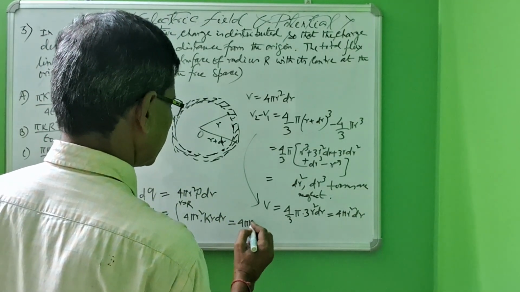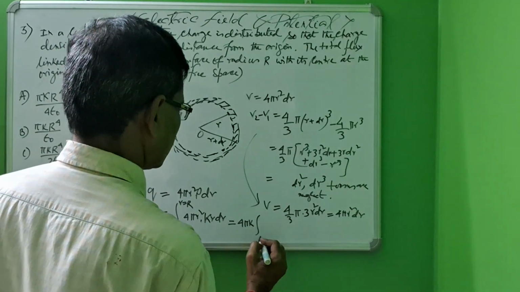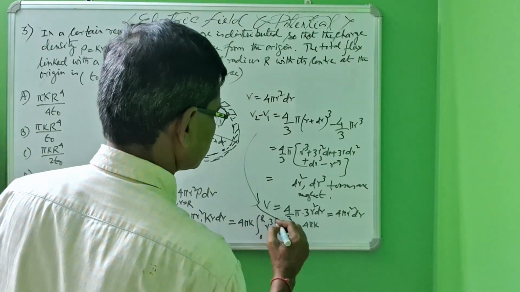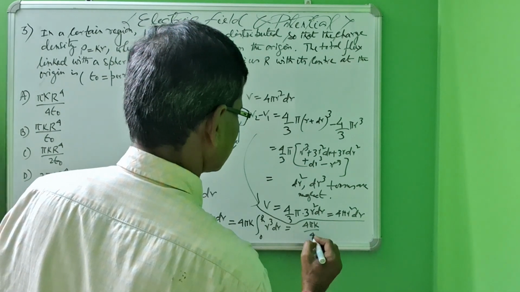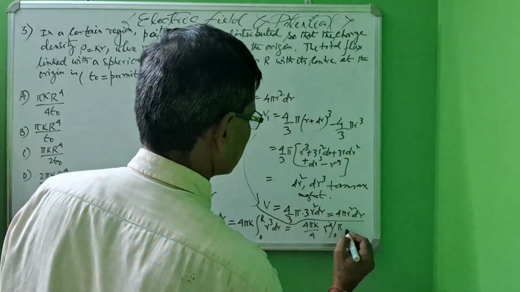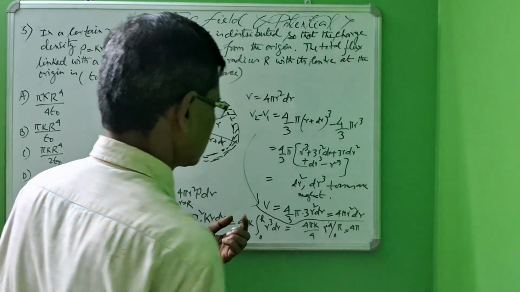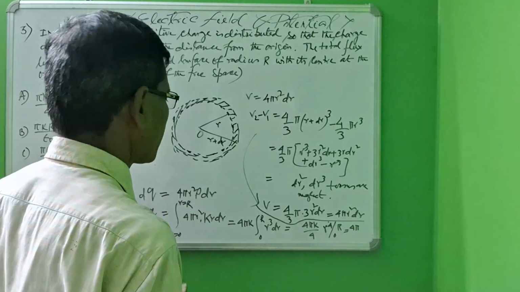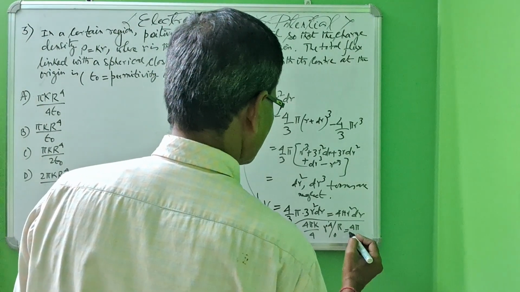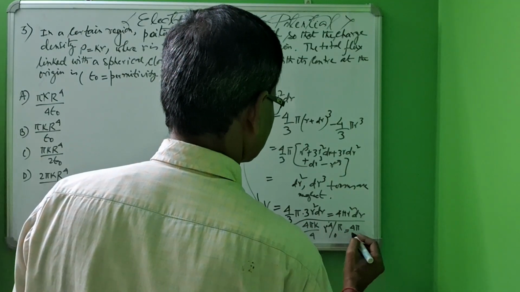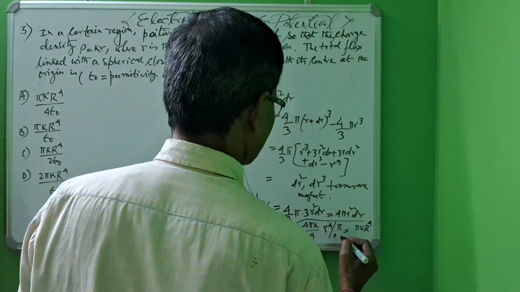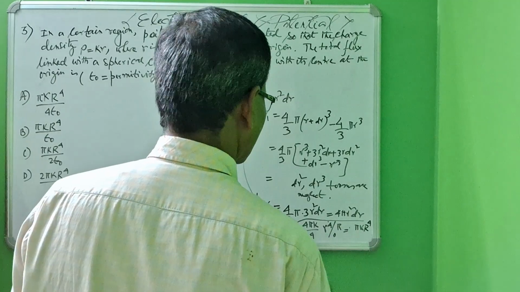So we can write 4 pi k integral of r cube dr, which equals pi k R to the power 4.